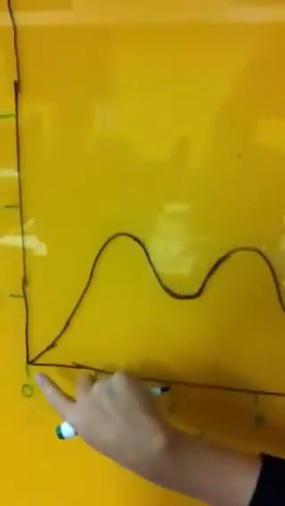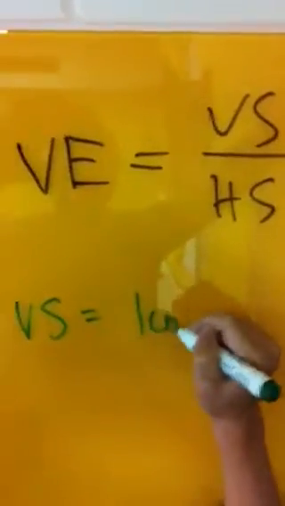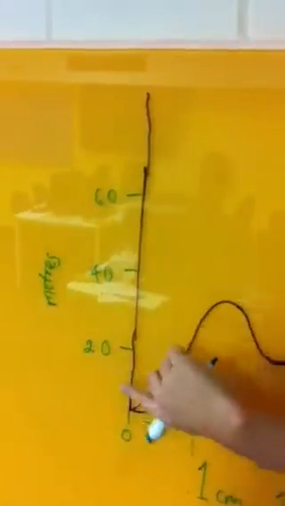So what's our vertical scale? Our vertical scale is 1 centimetre represents, now we've got metres on the vertical axis, and every 1 centimetre is going up by 20 metres. So 1 centimetre represents 20 metres.